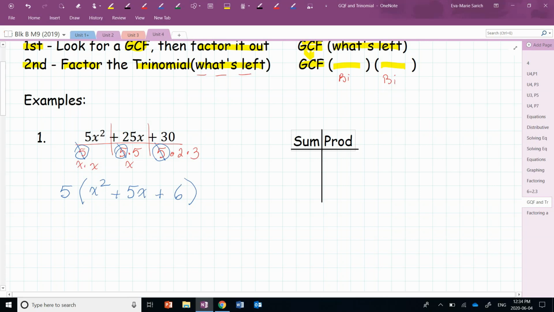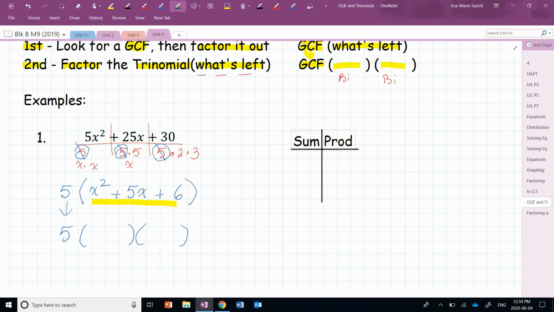But now we need to look at the trinomial, the what's left here, and we're going to break that down into two binomials, okay? And you're still going to have the greatest common factor in front, but instead of the trinomial, you're going to have two binomials. And those two binomials are going to come from product and sum, and that was last week's lesson.